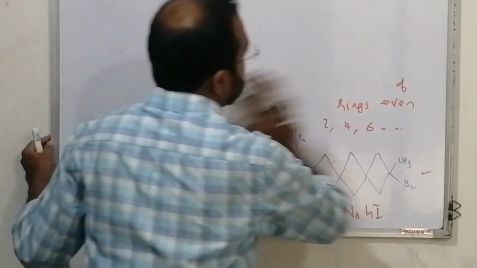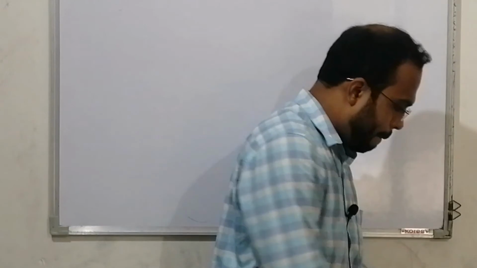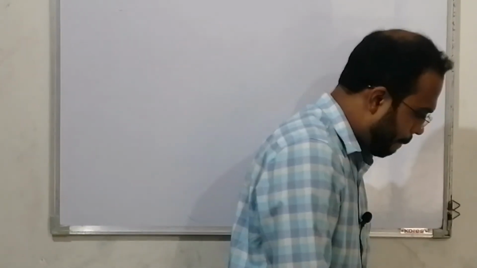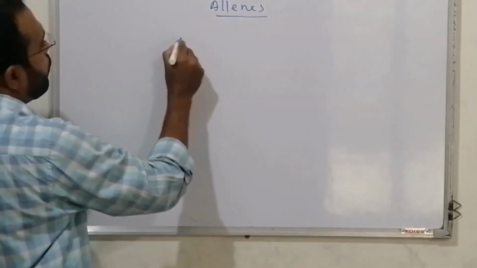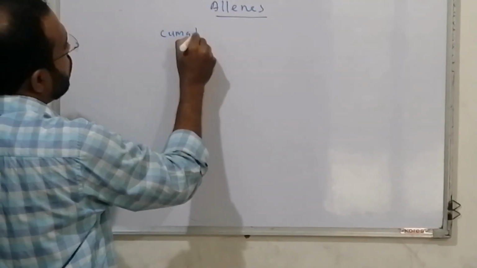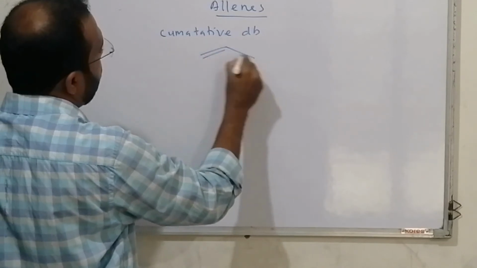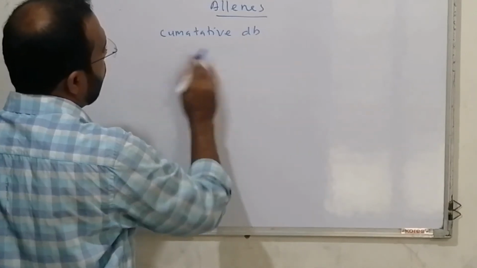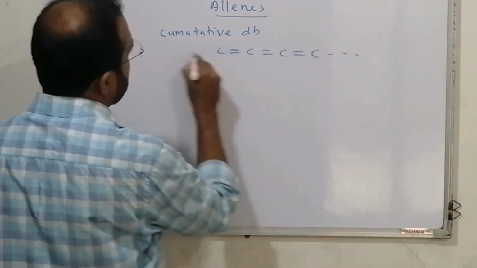Now allenes. Allenes are nothing but cumulative double bonds. That is like that.